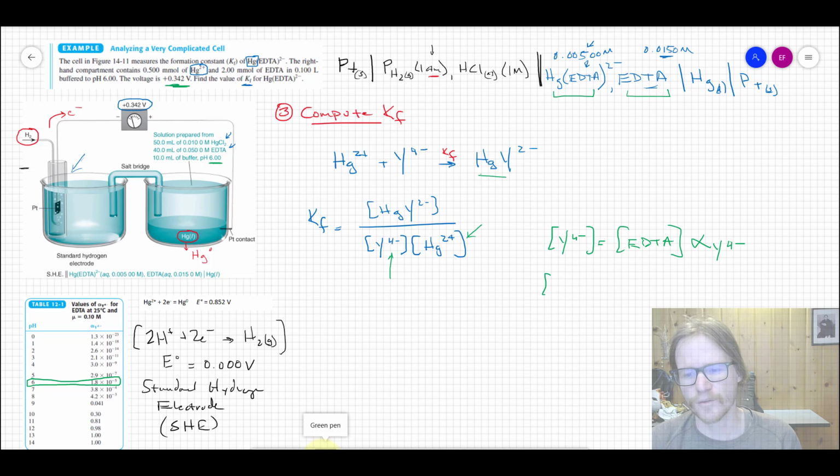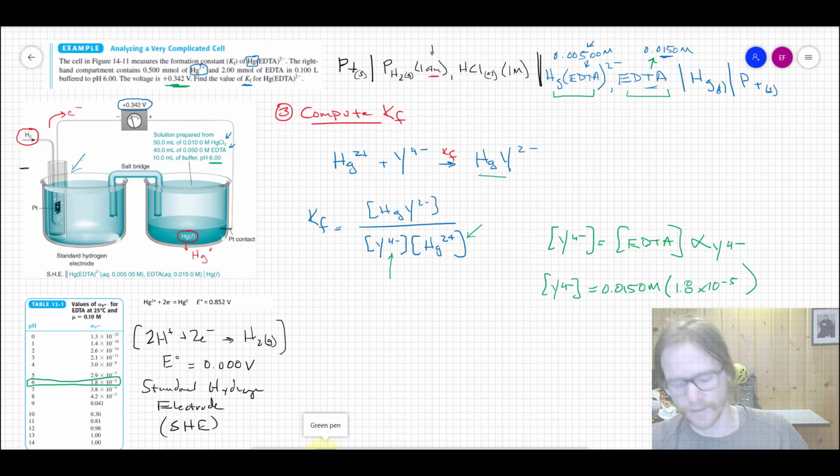So to get Y4 minus, we take our excess EDTA concentration, 0.0150 molar, and multiply that by 1.8 times 10 to the minus 5.